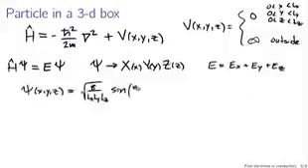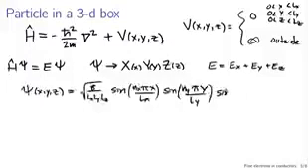Sine of nx pi x over Lx, where the quantum number that you get as a result of the boundary conditions, I'm calling nx for the x part, ny for the y part, and nz for the z part. Ny pi y over Ly, sine of nz pi z over Lz. That's your wave function for a single particle in a 3-dimensional box.